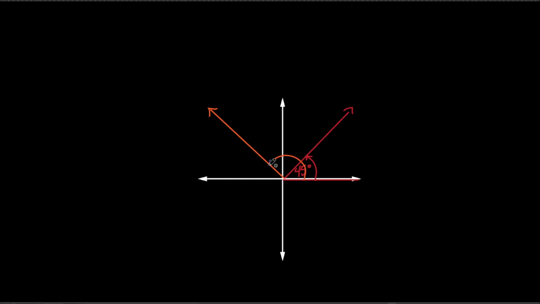So if I went to there, it's 90 plus how much? 45, because I split it down the middle. I'm not always going to split it down the middle, but I did in this case. So this would be 45, this would be 45, and so what would your whole entire angle be? It'd be 135. You with me on that? So that's how we describe these angles, okay? It's pretty important.